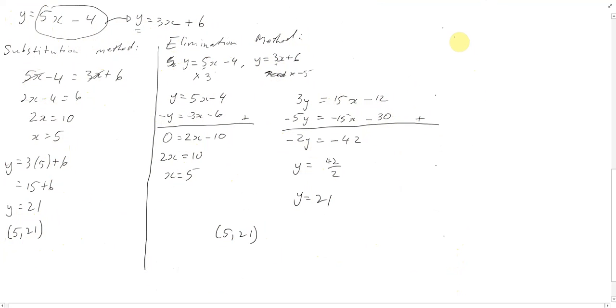Okay, next up, our graphical method. And the graphical method is going to be easy this time because if we look at our equations, they both have y as their subject, so we can put these into our CAS really quickly and easily, which I will do now.